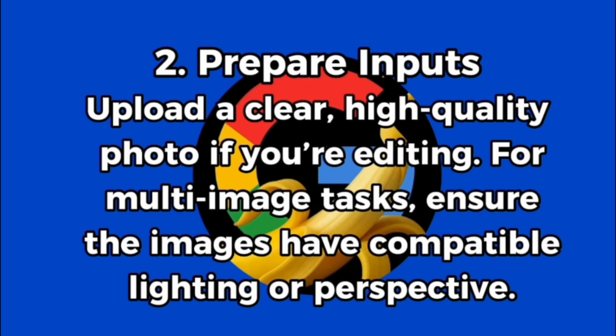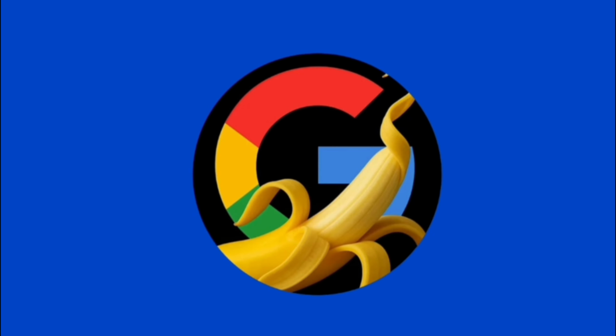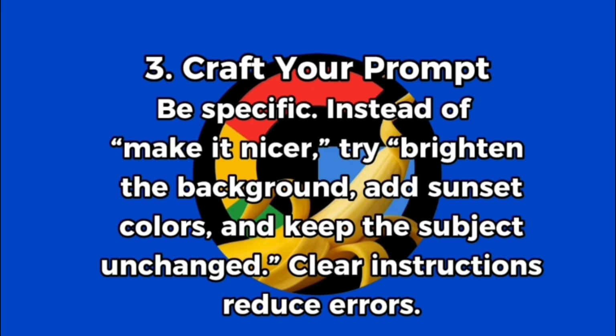Upload a clear, high-quality photo if you're editing. For multi-image tasks, ensure the images have compatible lighting or perspective. 3. Craft your prompt. Be specific. Instead of "make it nicer," try "brighten the background, add sunset colors, and keep the subject unchanged."